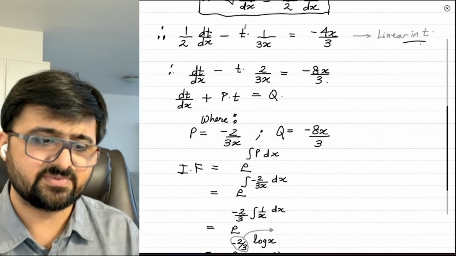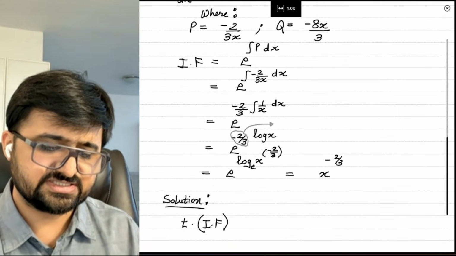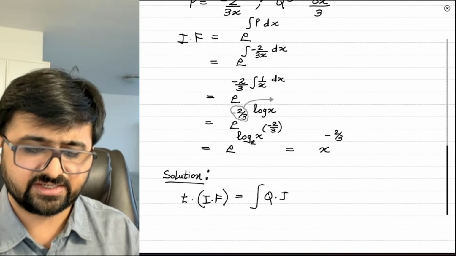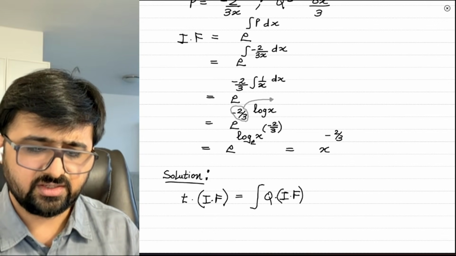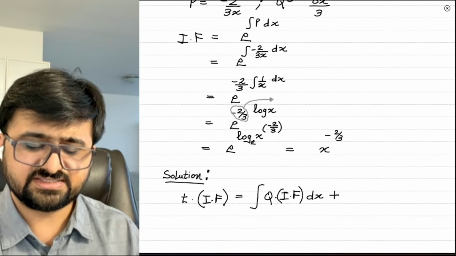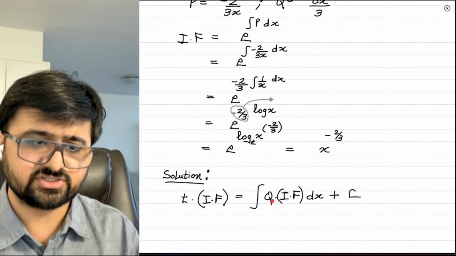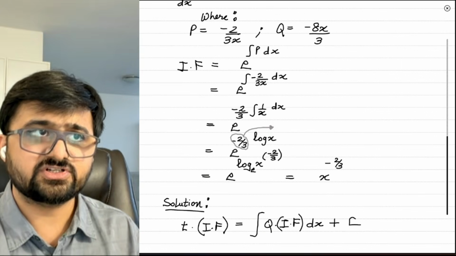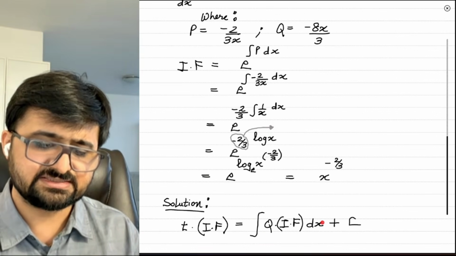So t into integrating factor is equal to integration of q into integrating factor dx plus c. Because q is a function of x and the integrating factor is a function of x, I integrate with respect to x.